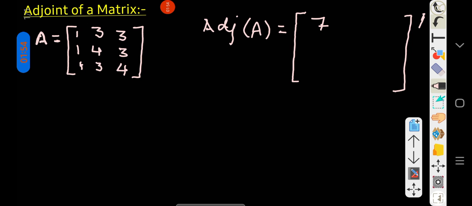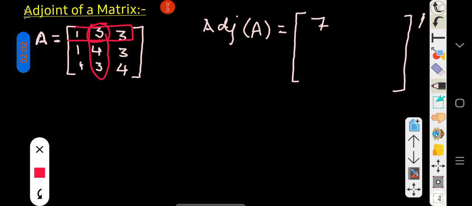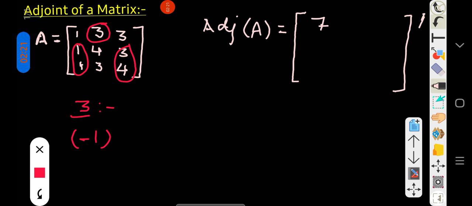Now let's get the cofactor of the second element, that is the cofactor of 3. Again, this 3 is present in the first row and second column. We have to exclude this first row and second column, and that means we are going to include only these two elements and these two elements, right? So the cofactor of 3 will be minus 1 raised to the power, in which row is this 3 present?